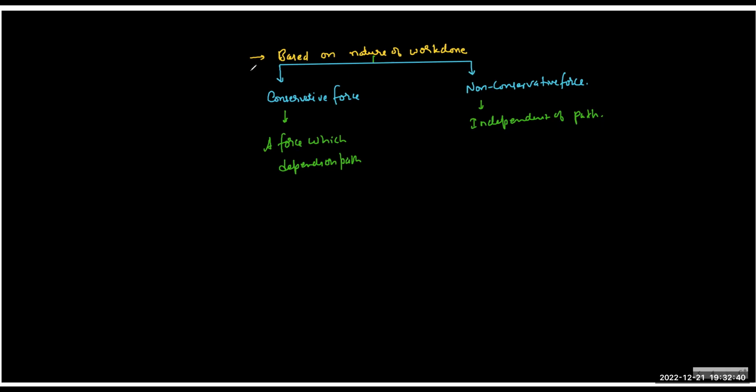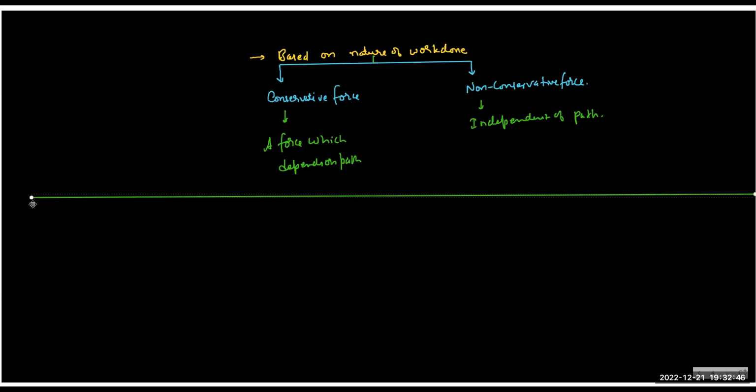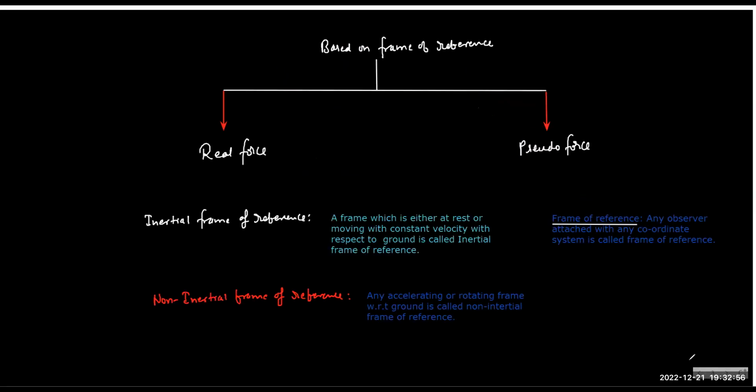Now we'll come to something. All these definitions are, as I said, a matter of convenience. So we'll try to understand the reality of force. Are these forces actually present in nature, or have we just simply named them?